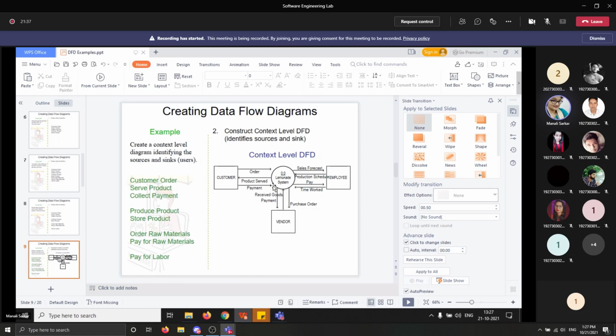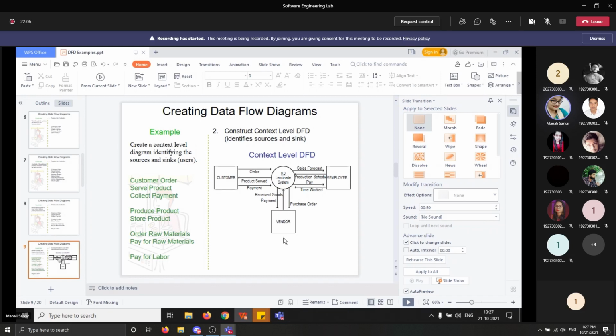So remember, while making DFDs, you need to give the arrows in the given order. That means you cannot do anything wrong with the arrows, otherwise the whole DFD will imply something else. So see here, similarly, the vendor is giving the goods, that is the lemonade system is receiving the goods. So from vendor, it is moving to the lemonade system. That's why arrow is from this end to this end.